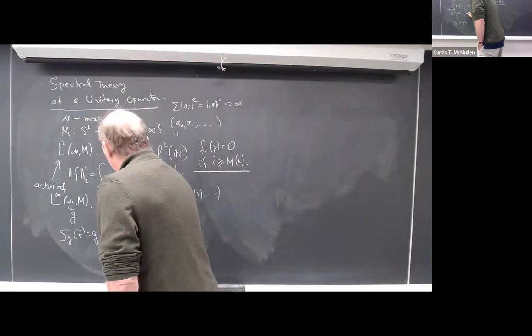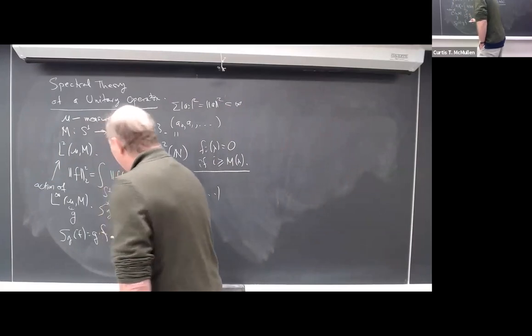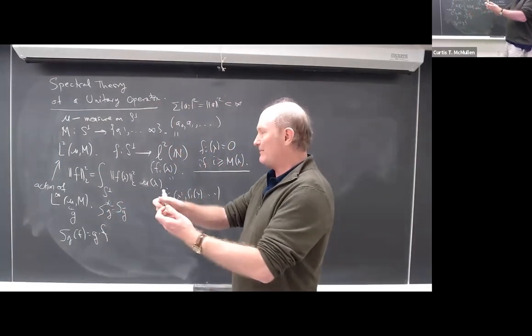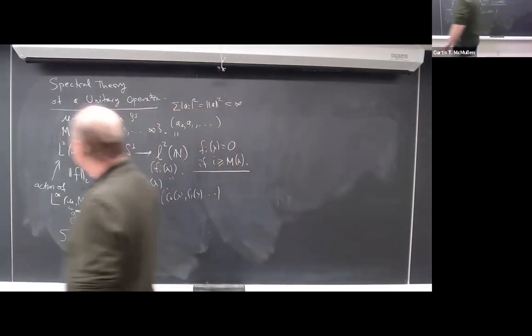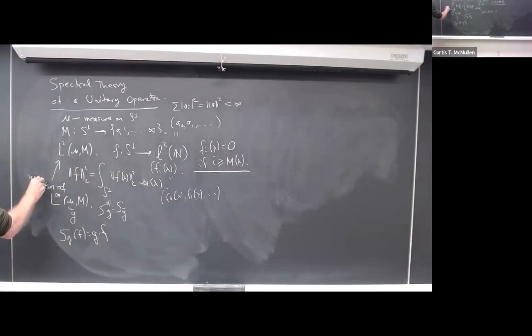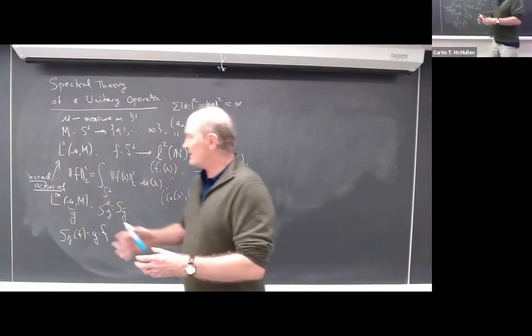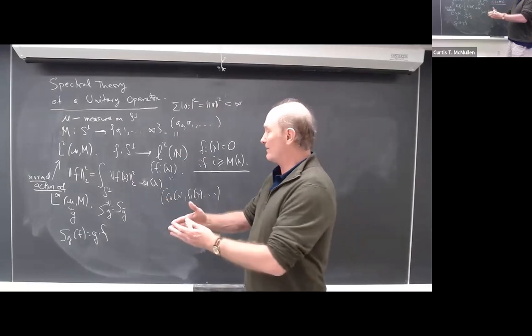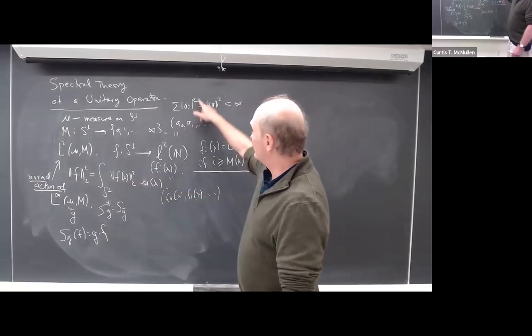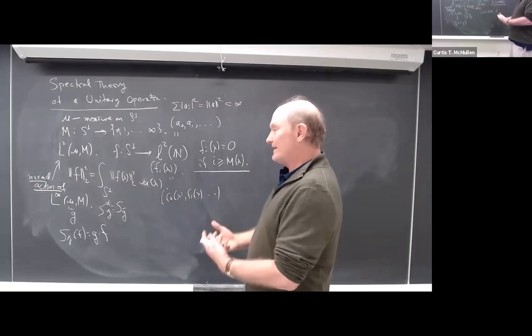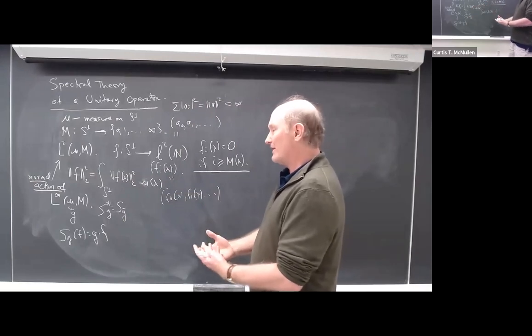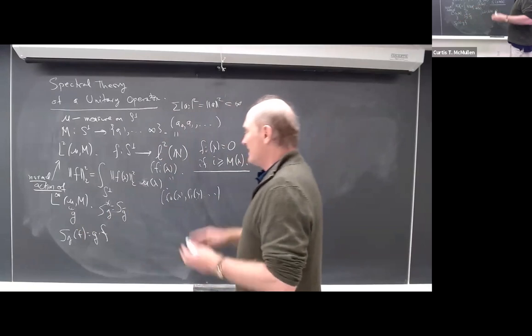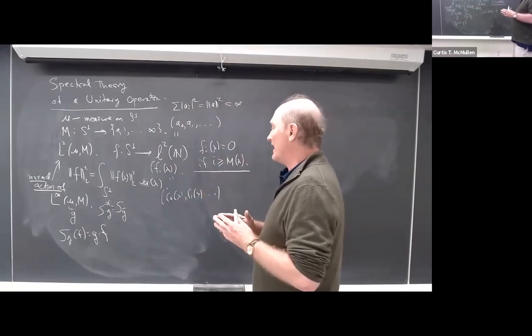So S_g star is S of g bar. And of course, multiplication by g and g bar commute. So all of these operators are normal. And when are they unitary? They're unitary when the absolute value of g is 1, because then it doesn't change the L2 norm, right? Because the L2 norm involves the absolute values here. So the typical example of a unitary operator is just multiplication by a function of modulus 1.